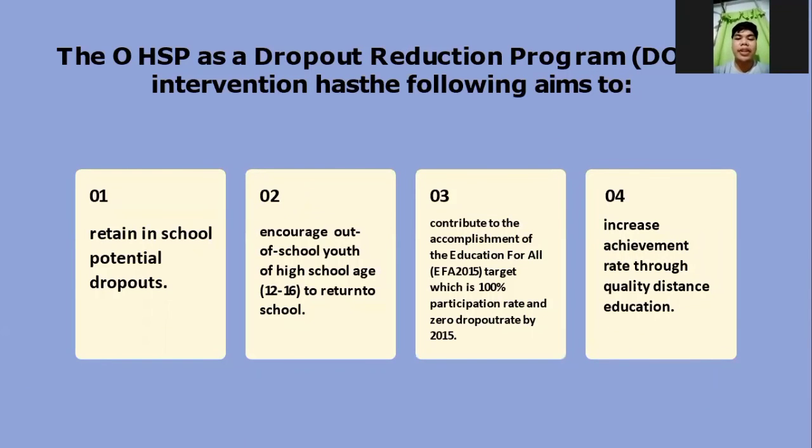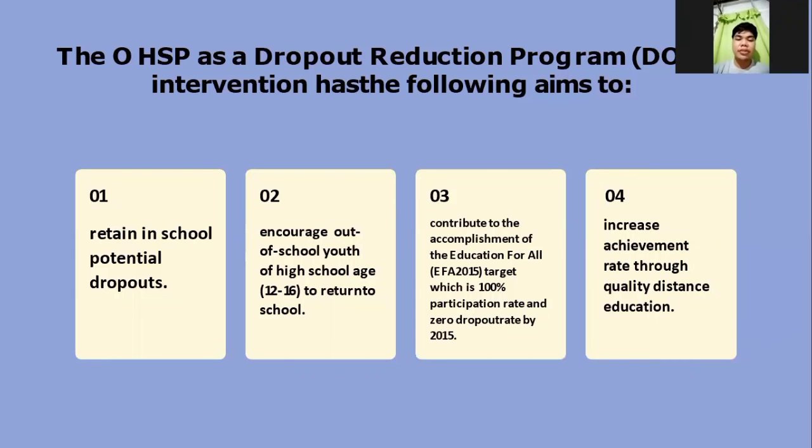So the Open High School Program, as a Dropout Reduction Program or DORP intervention, has the following aims. First is to retain potential school dropouts. Second is to encourage out-of-school youth of high school age, from 12 up to 16, to return to school.